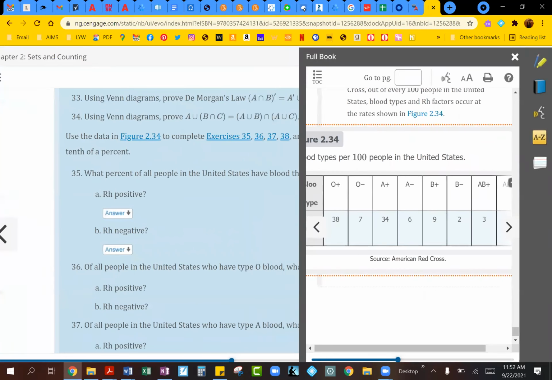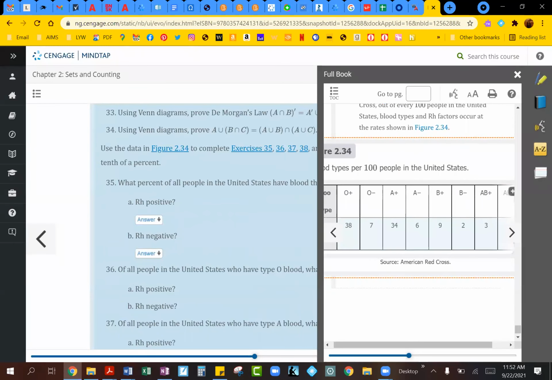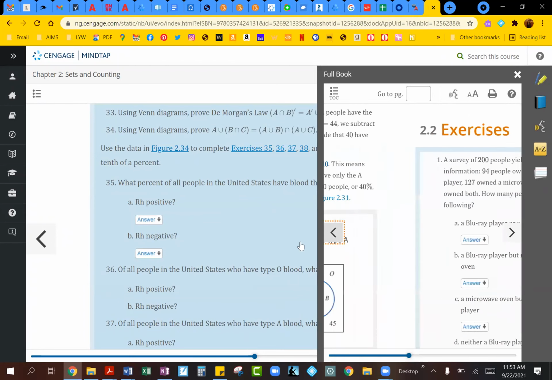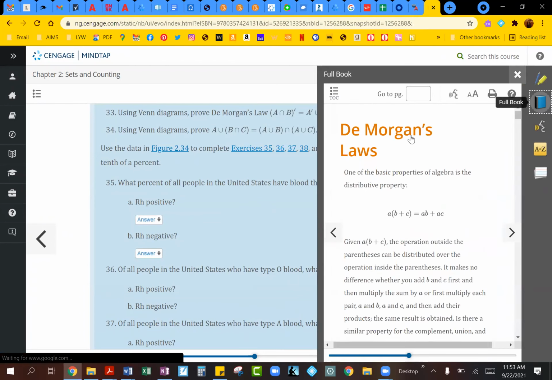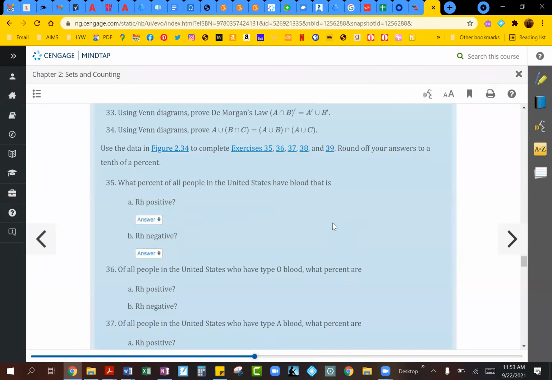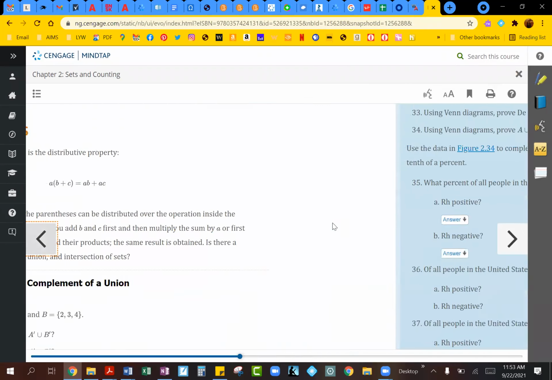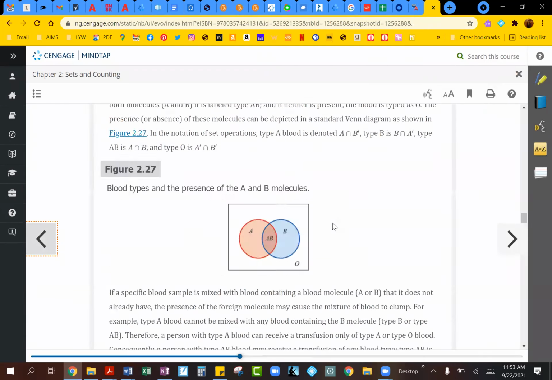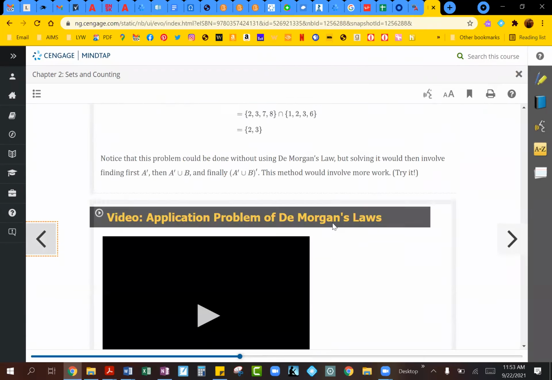It will not let me put it all. That's actually changing our page. Okay, let's do it this way. Go back one page. So 2.34 is actually this table over here with the blood types. There we go.